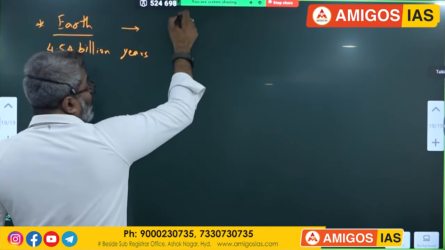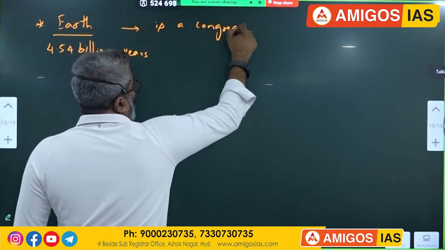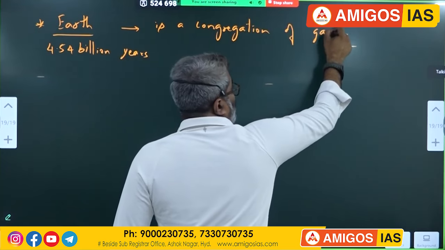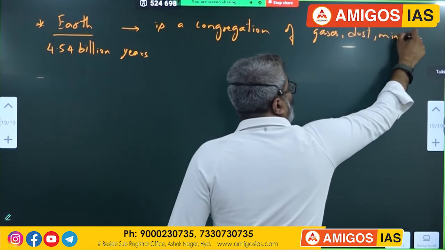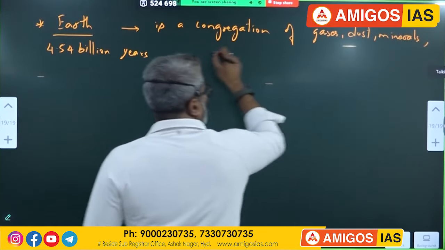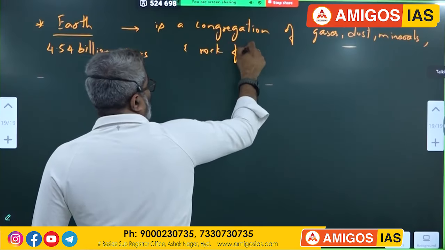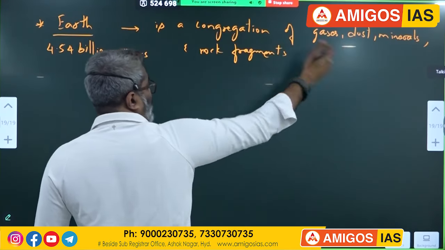So Earth as a planet is a congregation of gases, dust, minerals and rock fragments. You can write this down if you want, okay? But write in some other page, next page.